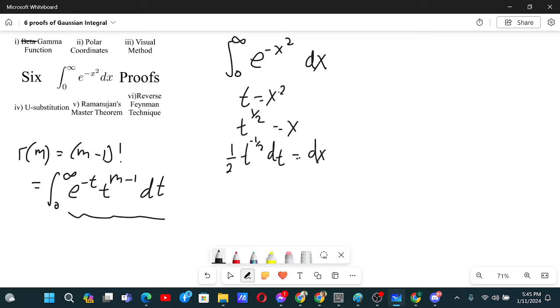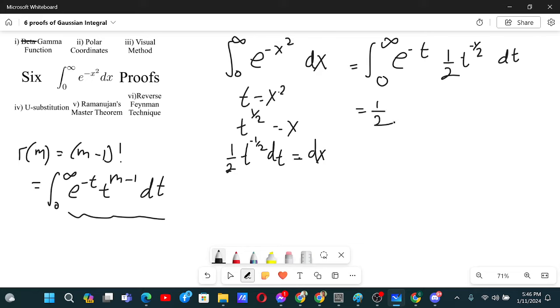Now if we have that, we can solve it. Since t is x squared, the square of 0 is 0, the square of infinity is infinity, e to the power minus t, and dx is half t to the power minus 1 by 2 dt.